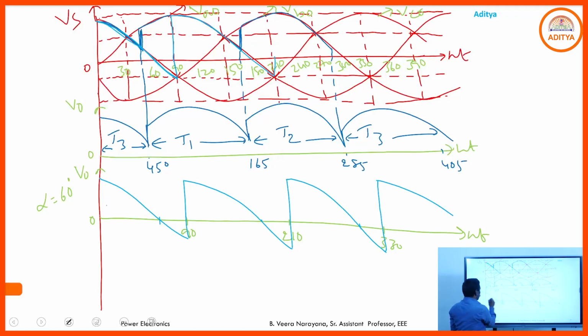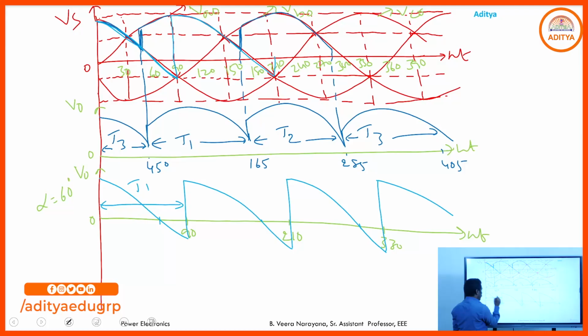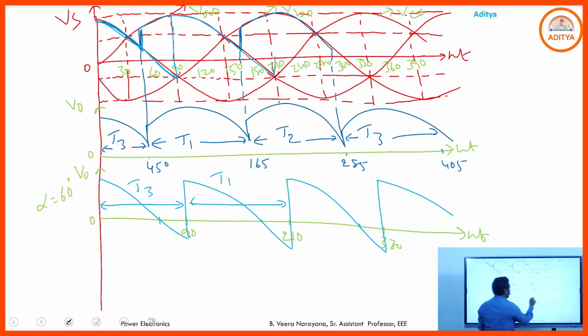So here this is the conduction of T3, it is T1, and it is the conduction of T2, next T3.